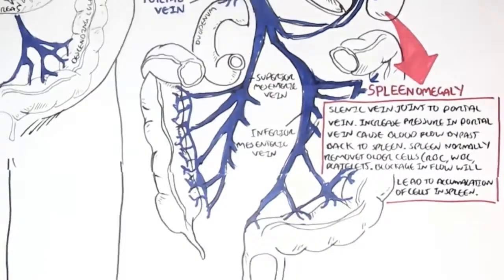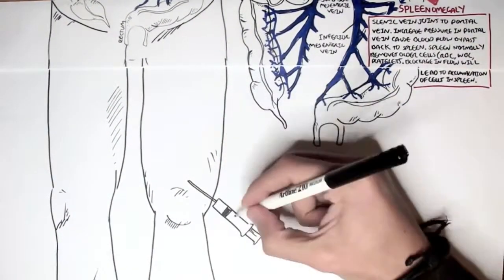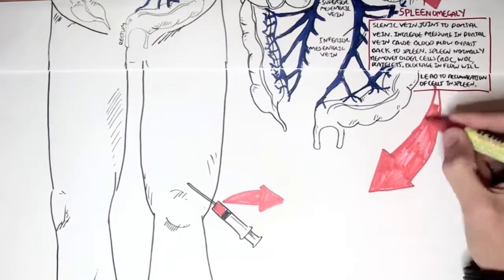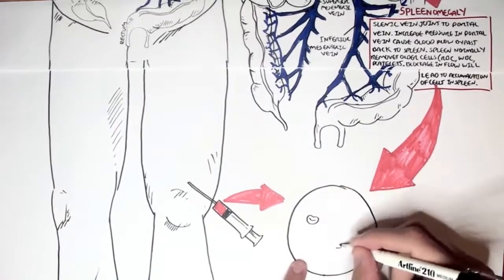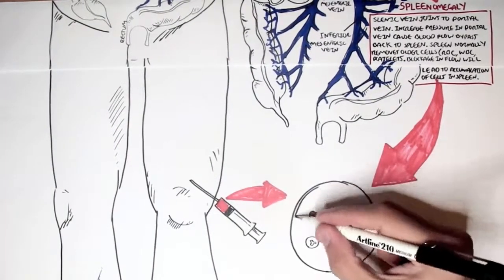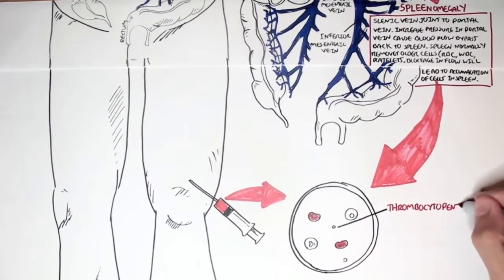Well, if all these red blood cells, white blood cells, and platelets are accumulating and can't get out, if we would check the blood of this person suffering from liver cirrhosis, he would have thrombocytopenia, low platelet count, which means that there would be insufficient clotting for the body.